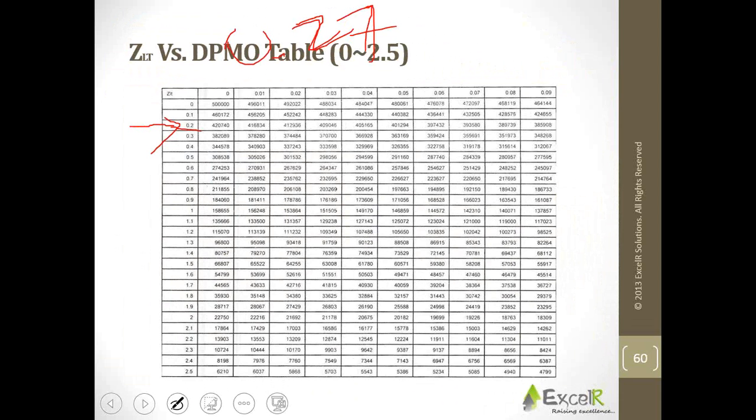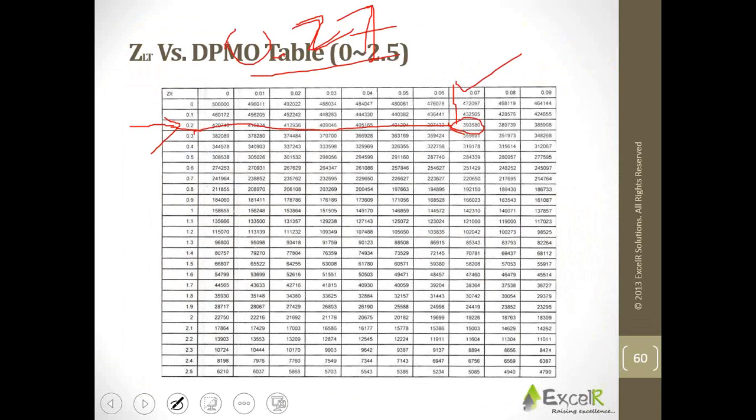Where is 0.07 here? So if I go like this and like this is the value that we'll be getting, DPMO. Yeah, tell me if you have any doubts. I'll clarify. Okay, I understand now.